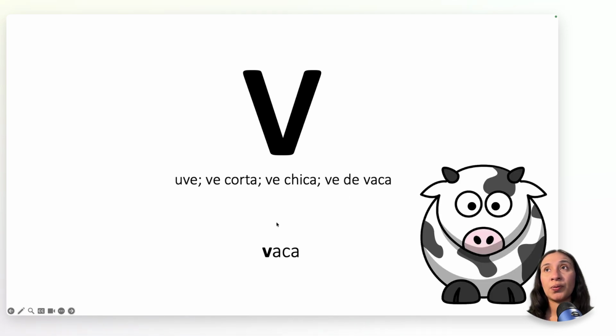And just in case you are wondering, vaca means cow, right? Previously, I said B pequeña, and that's another alternative. When you are referring to V, you can say V pequeña, which is small v.